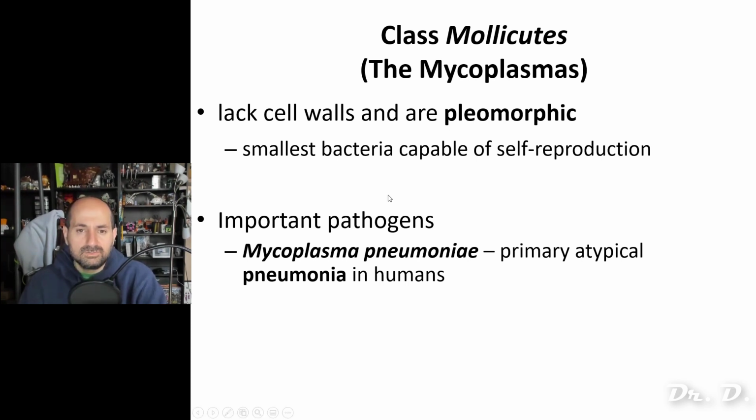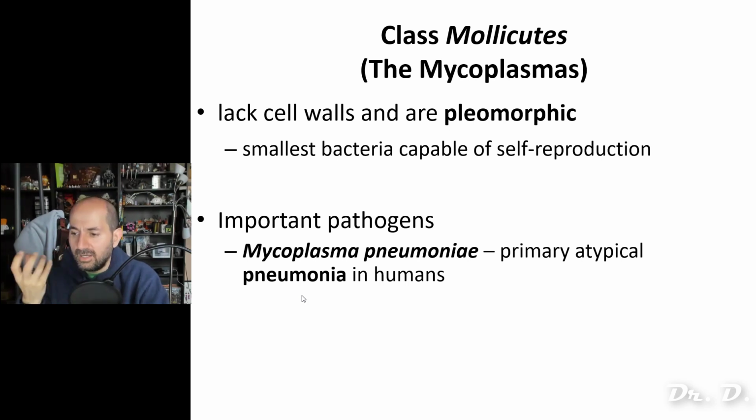These also tend to be very tiny bacteria, and because of that, a lot of them are causative agents of pneumonia. Think about it: if you're a tiny bacterium, smaller than a typical bacterium, then you're probably more easily aerosolized.